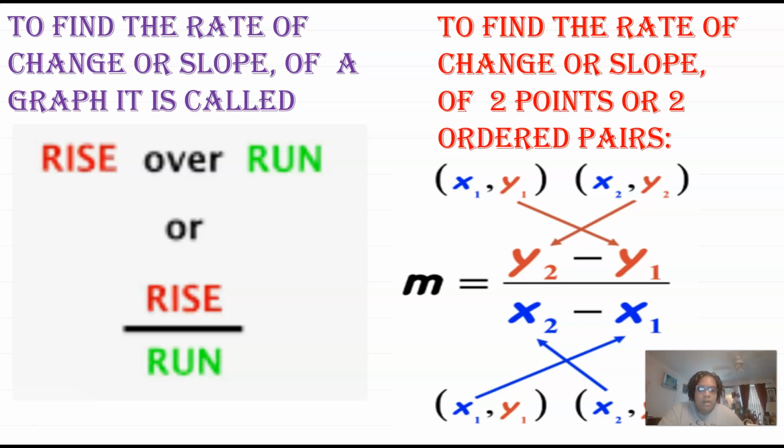And to find the slope of two points, or two ordered pairs, you have to use the formula for slope, which is y2 minus y1 over x2 minus x1. The 2 and the 1 are only because of the position of the x and y in the ordered pair. So don't forget that, and don't let that confuse you.